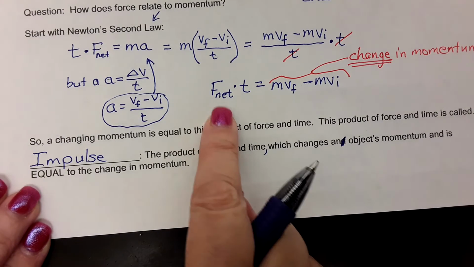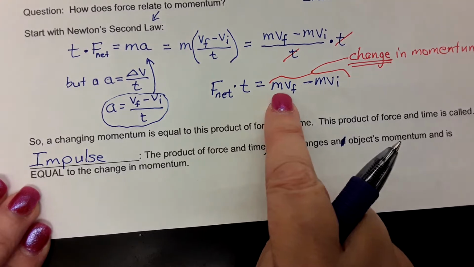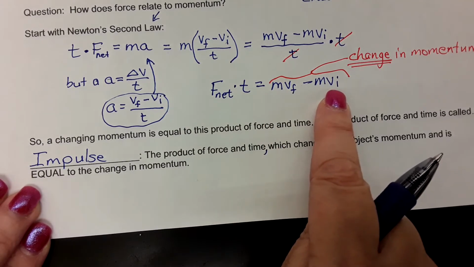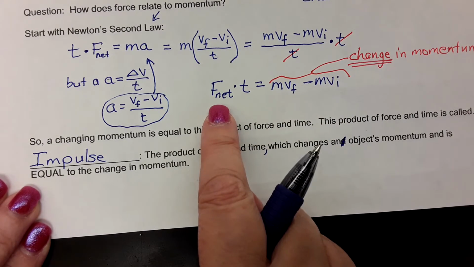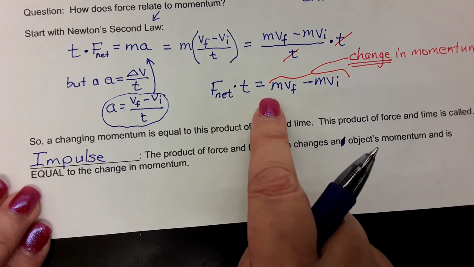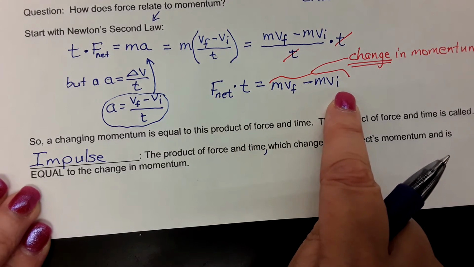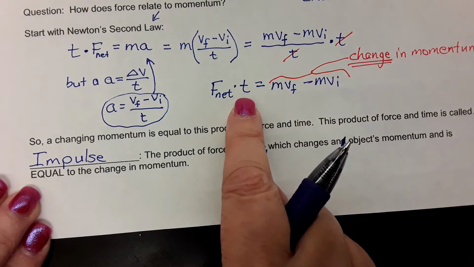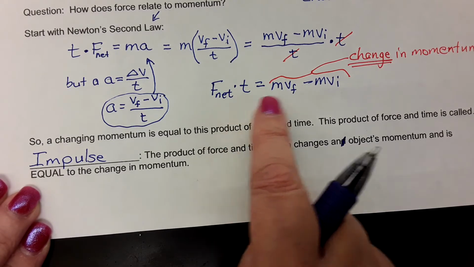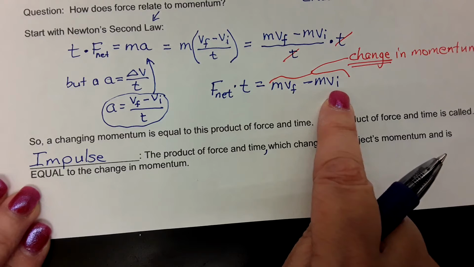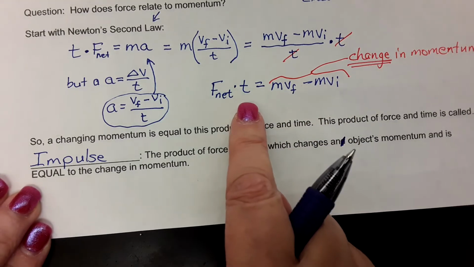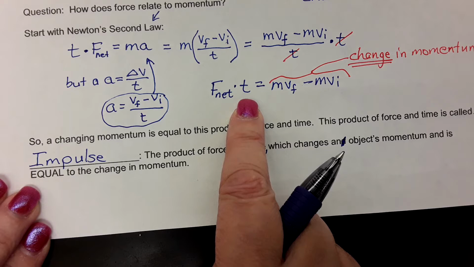Now think about this a minute. The bigger the force, the bigger the change in momentum. In other words, the harder you push, the more acceleration and therefore the more change in momentum you're going to get. The longer the time period the force acts in, the greater the change in momentum. In fact, guys, this is why they teach baseball players and golfers to swing through when they hit the ball. You don't just stop when the club or the bat connects with the ball.